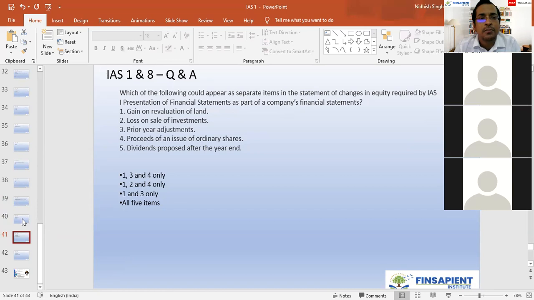Yes. Dividends proposed after the year end. No. Right. So which ones? 1, 3, 4. First one and 4. Yes. 4. Yeah. A. First option.